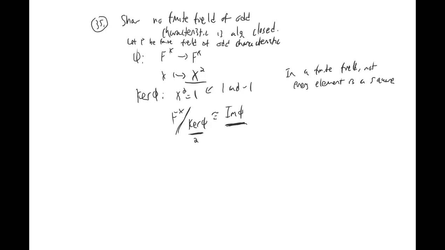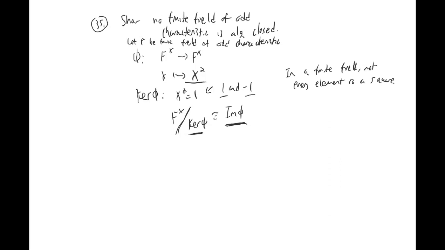The reason we need odd here is because if it was even, it's possible 1 is -1, in which case the kernel is just order 1. Like in Z mod 2Z, 1 and -1 are the same element. So the fact that not everything is a square is true in odd characteristic.